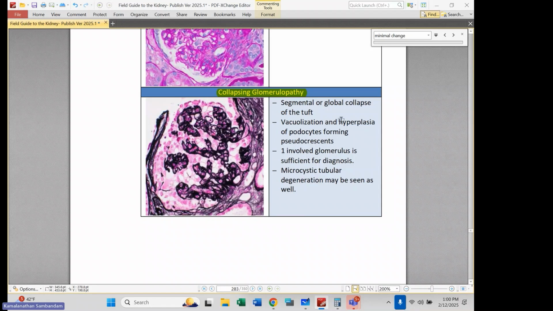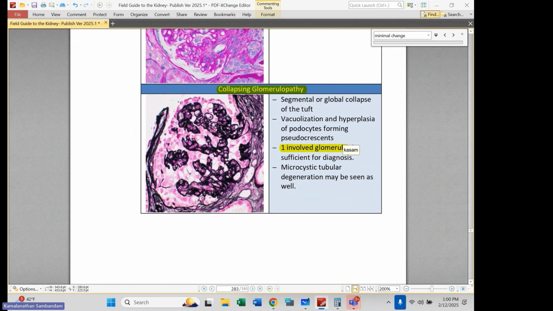So that would be the feature of collapsing glomerulopathy, and you only need a single glom to make this distinction. You don't need multiple gloms that are collapsed. If you found one collapsed glomerulus, then you might make the diagnosis.